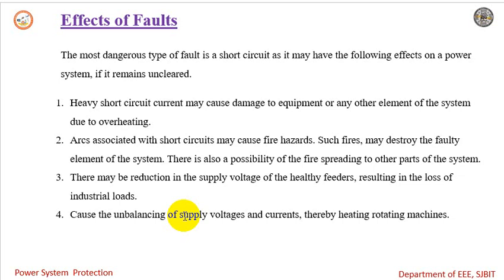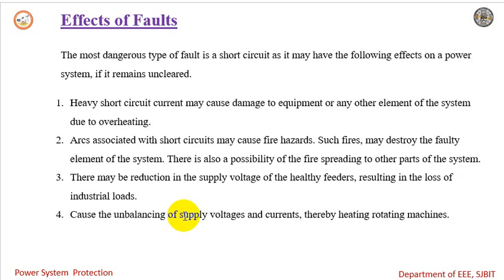Either it may be a line to ground fault, line to line fault, double line to ground fault, or symmetrical faults, that is three-phase fault or three-phase to ground faults. The most severe type of fault is the three-phase fault, and these short circuits have the following effects on the power system if it remains uncleared. If the fault is not cleared, it affects the power system.